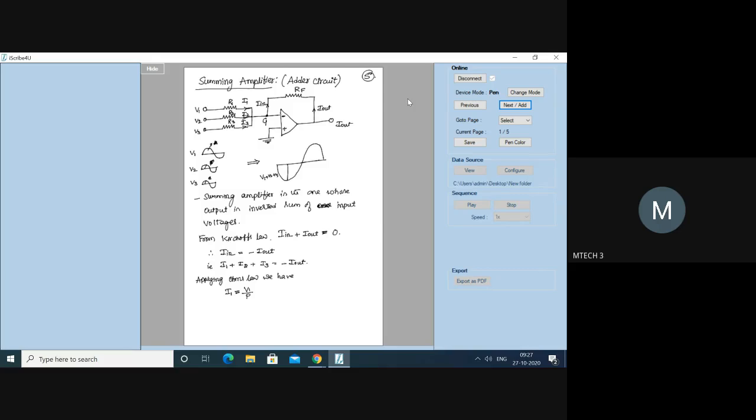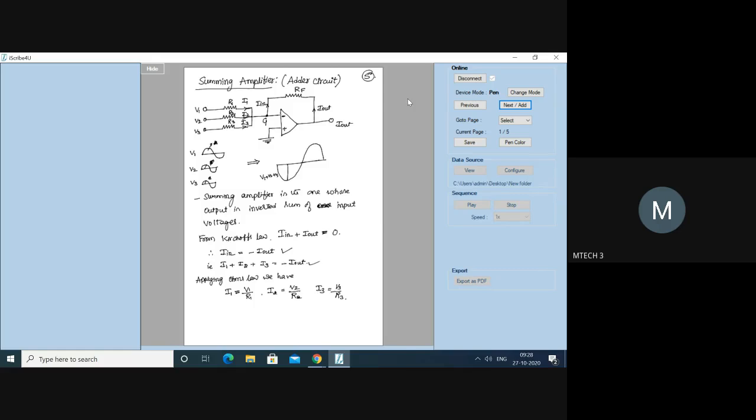I2 is equal to V2 by R2. I3 is equal to V3 by R3. Now we'll substitute into this expression. What is I in now?